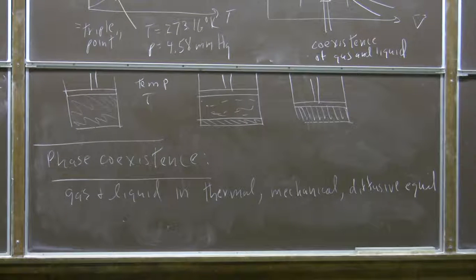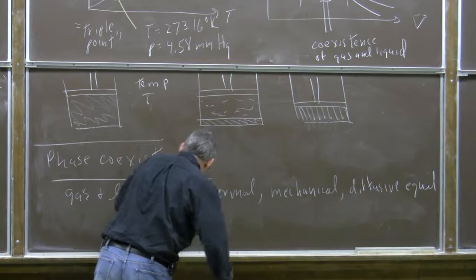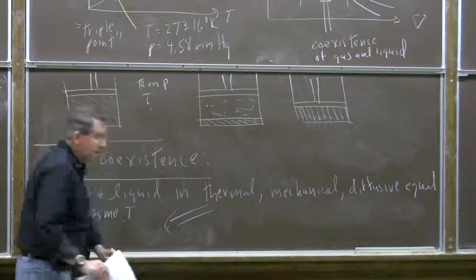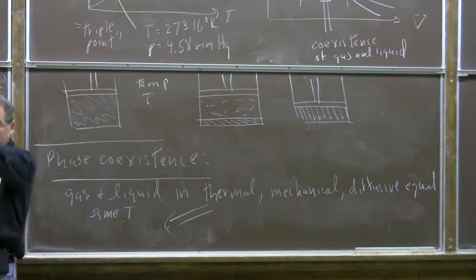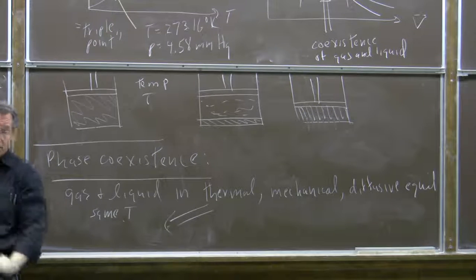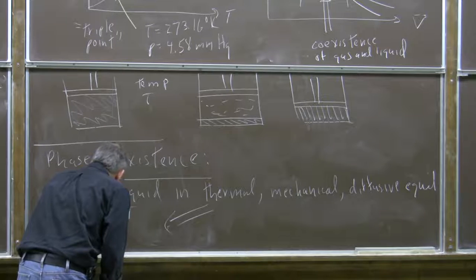The gas and the liquid are at the same temperature. If not, there would be heat flow from the hotter phase to the lower phase. So in equilibrium, they have the same temperature, so no heat flow because they're at the same temperature.